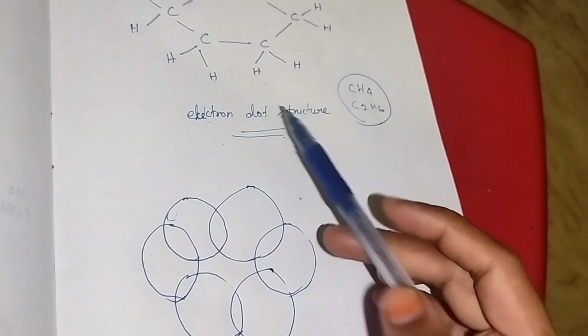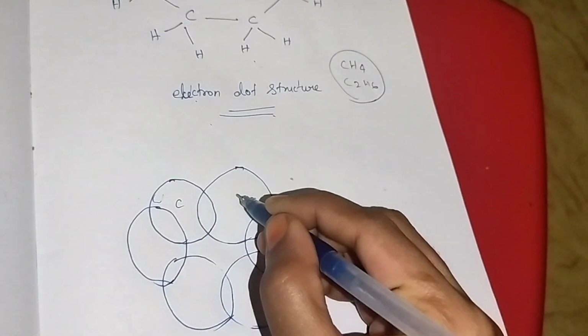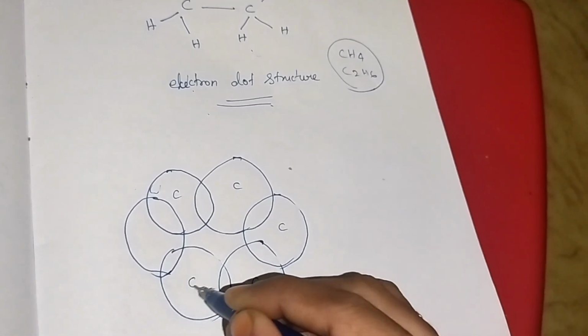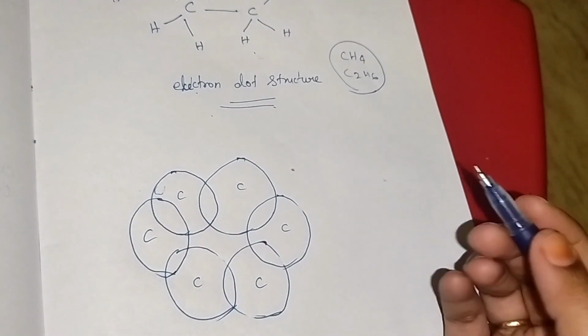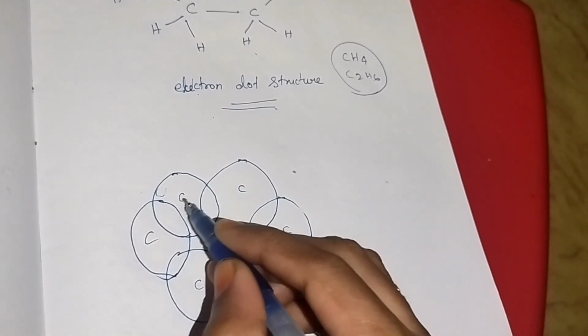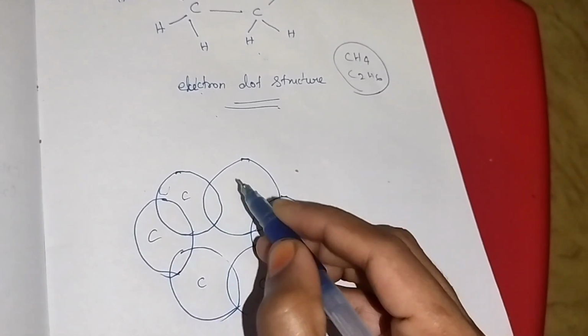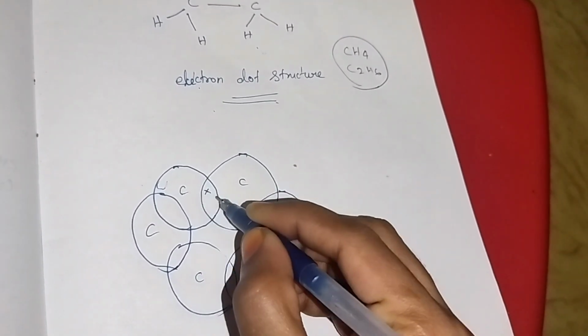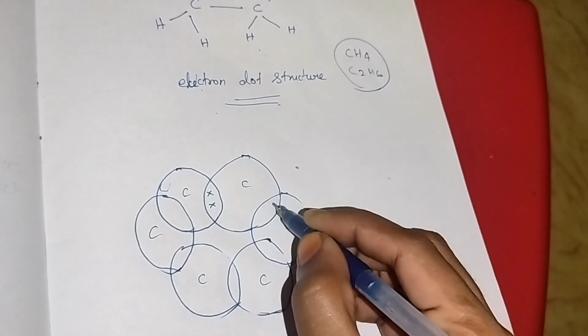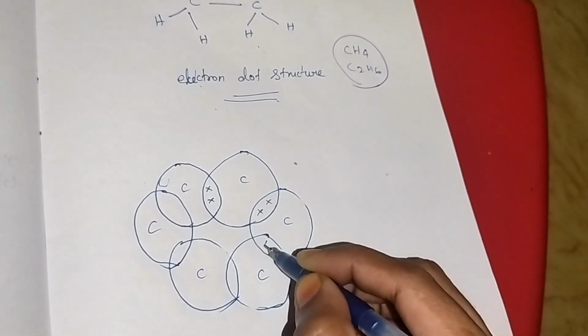Six carbons are present here. Now each carbon is sharing one electron with another carbon. This carbon is sharing one electron with this carbon, and this one also shares with this one, and so on around the ring.